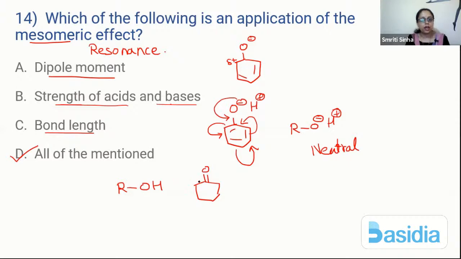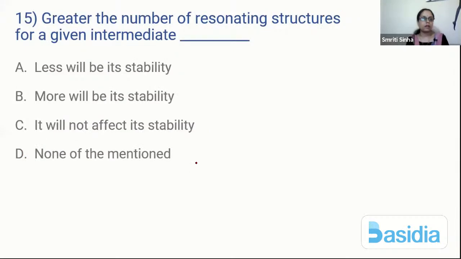Why? Because in phenol this bond can form a partial double bond, and you know that the length of a double bond is shorter than a single bond. Therefore bond length can also be explained, and the answer is all of the mentioned.